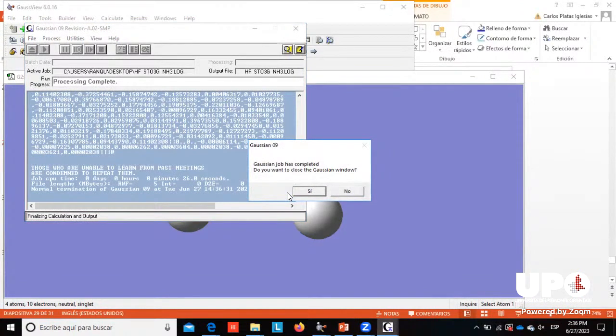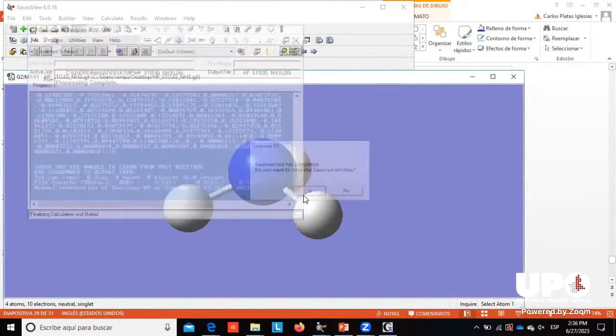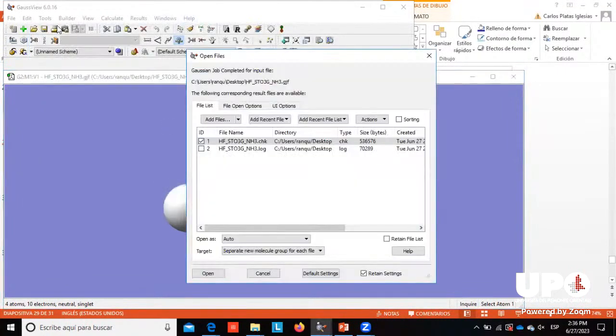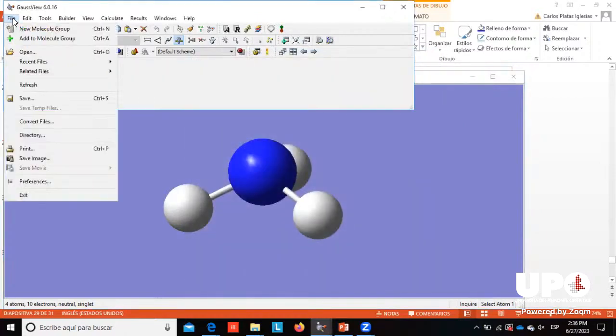Before, with this semi-empirical method, actually we don't select a basis set because it's already defined together with the method, right? Now, with Hartree-Fock, no, this has finished, okay. We must select a basis set.